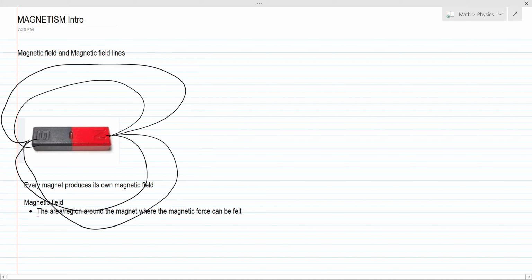So if you put a piece of iron around here, it will be attracted to the magnet because it is within the magnetic field. Now the further away you are from the magnet, which is the source of the magnetic field, the weaker the magnetic force.